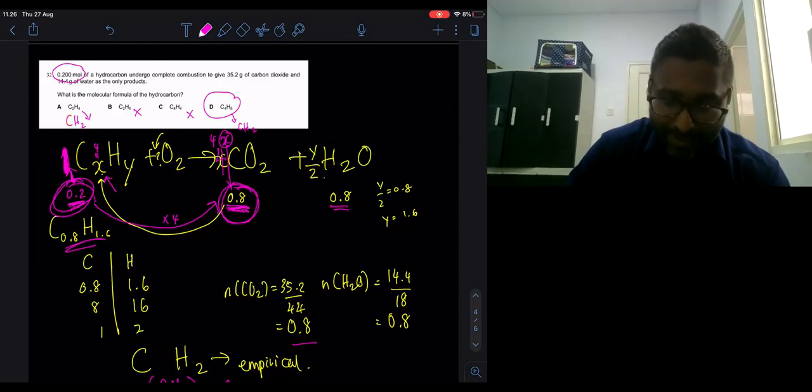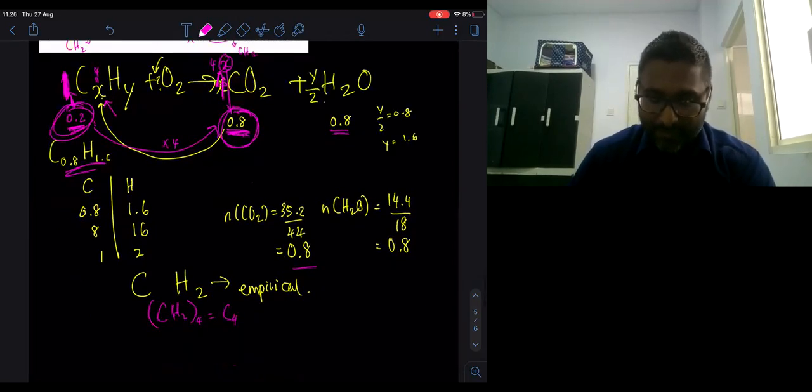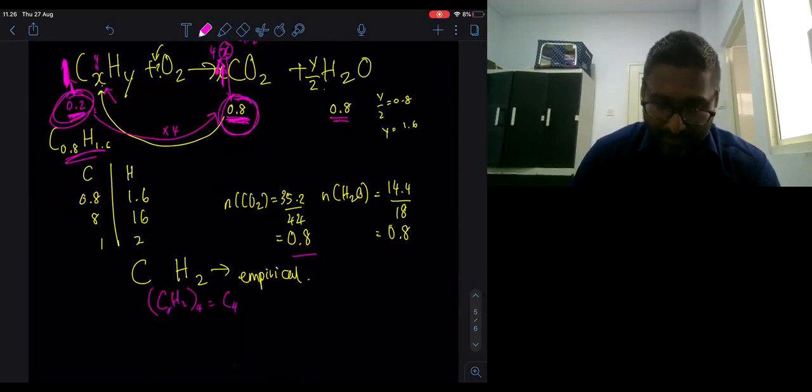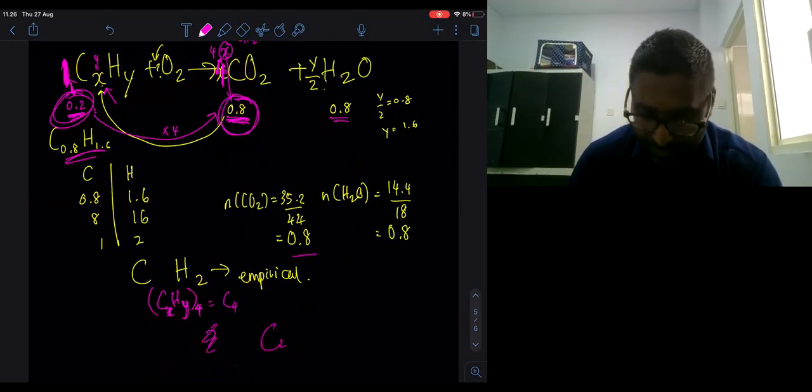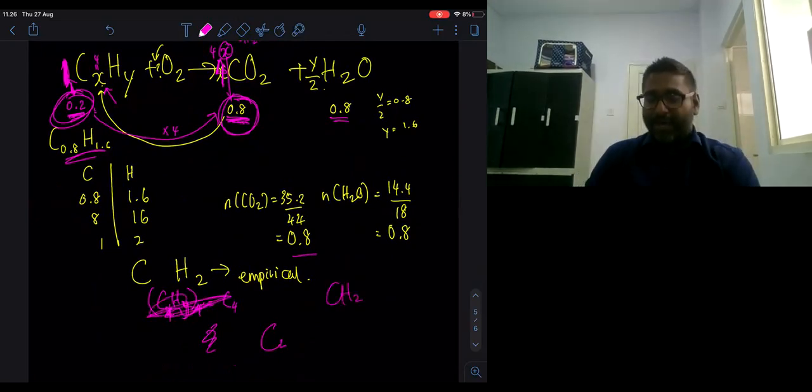It means I have identified my X as 4. So this is X and Y. If I put 4, that's going to be your C, you already know that is 4. CH2 is the empirical formula. So X must always be 4, and everything is times by 4. C4H8.